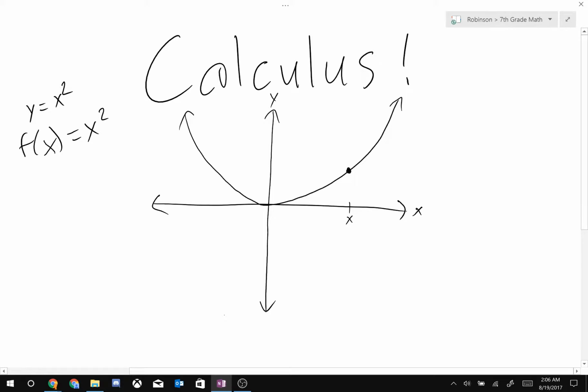If we were to take an integral or an antiderivative, we would have to plug in 2 points. And I'll call this x plus h, just an arbitrary distance away from x.